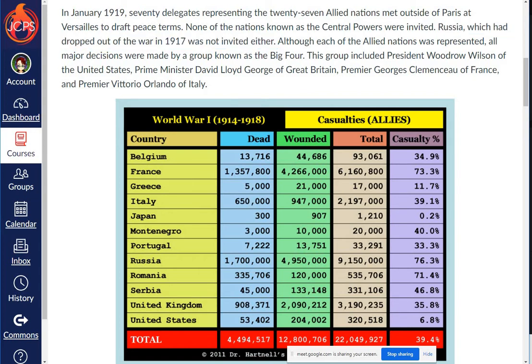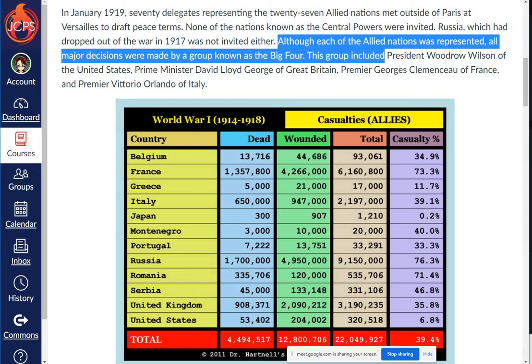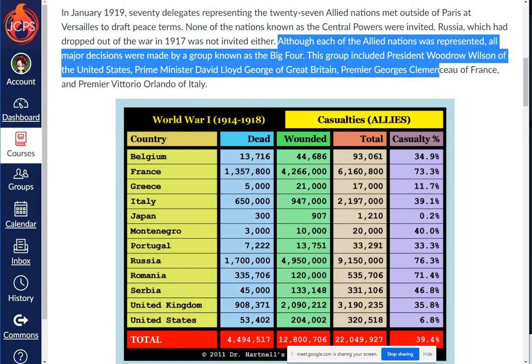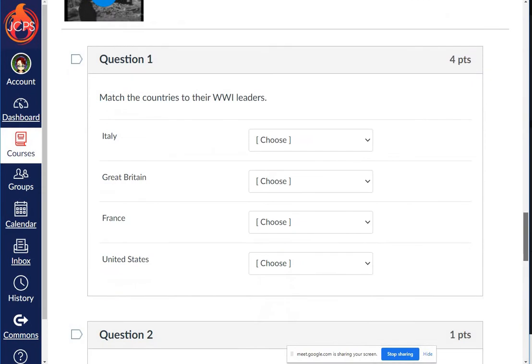Although each of the Allied nations was represented, all major decisions were made by a group known as the Big Four. This group included President Woodrow Wilson of the United States. So let's go down. United States is Woodrow Wilson.